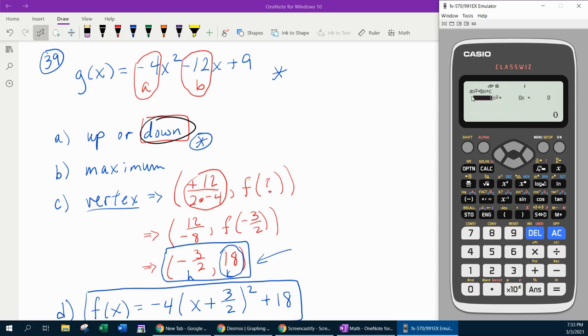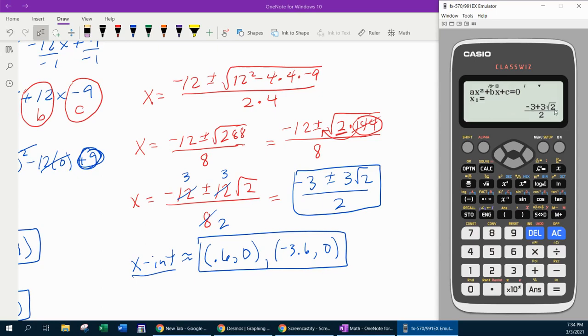And you'll see there it shows the quadratic equation. Every quadratic function is going to be of degree 2. We can simply input the values of a, b, and c. So negative 4 equals, negative 12 equals, positive 9 equals.